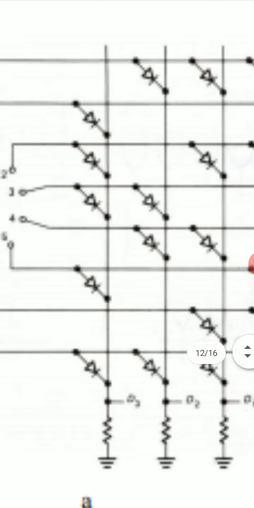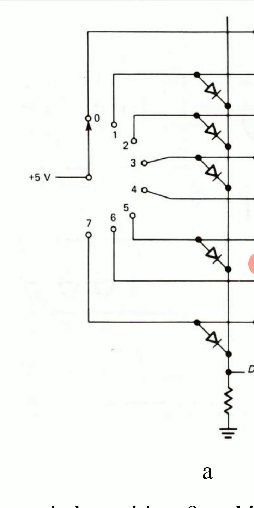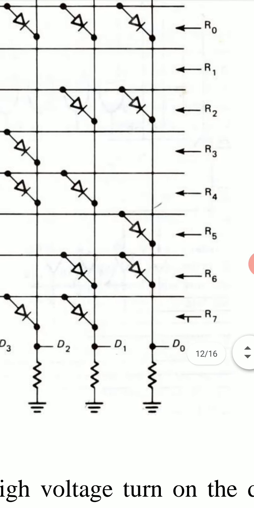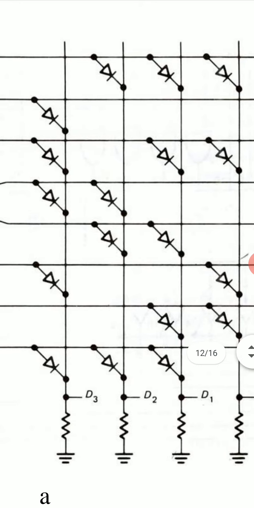Similarly, we can see that if this switch is connected to 1, then in R1 register we have only one PN diode and it is connected to D3.